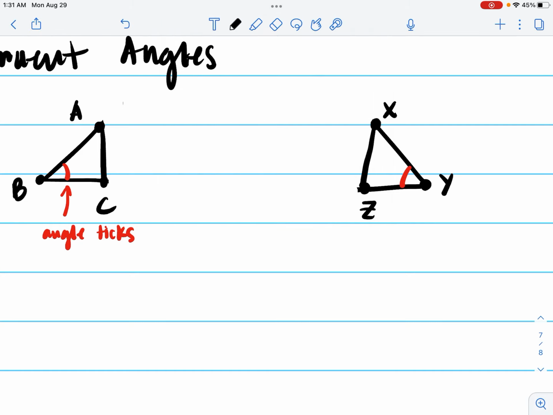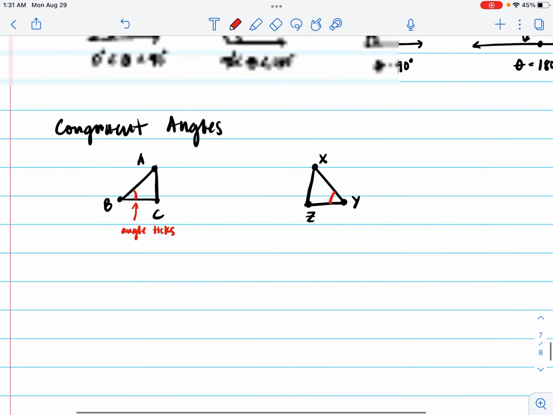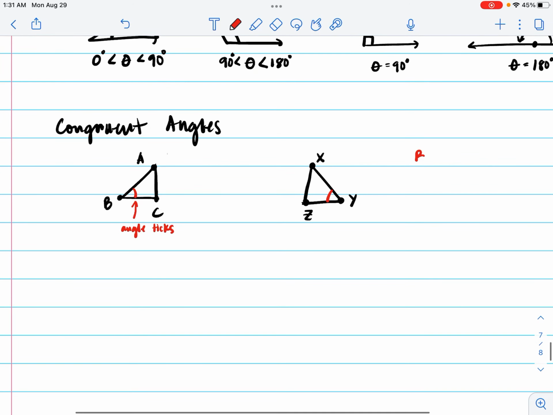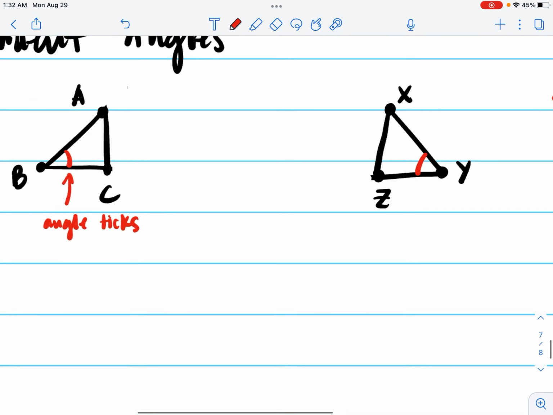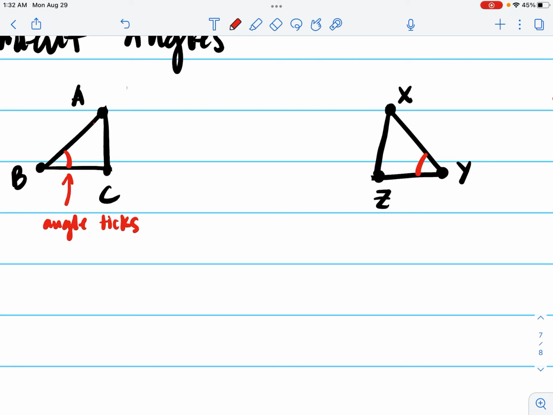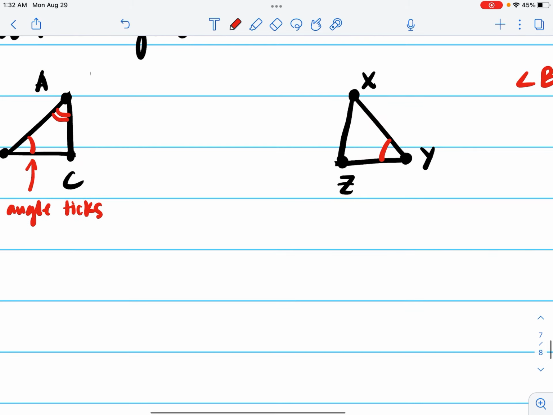Now, I already labeled that 2 sets of these angles are congruent, right? B and Y are congruent. So, by definition, angle B is congruent to angle Y. Okay? Now, what could also happen here is we could have another angle, but note I put 2 tick markers here, and that just means A is not the same as B.